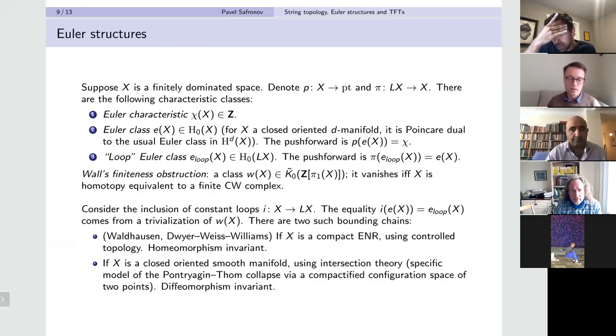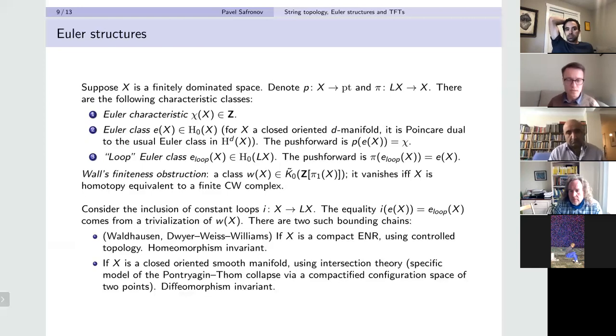And another one comes from intersection theory, so you have to write a specific model of Poincare duality. In the case of a smooth manifold, you can construct possibly a different bounding chain. And this one uses the smooth manifold structure, so it is going to be diffeomorphism invariant.